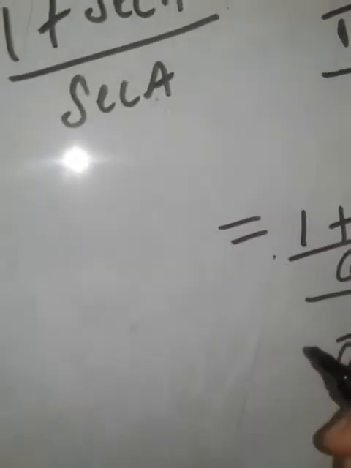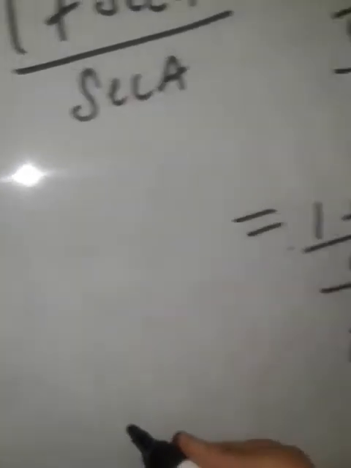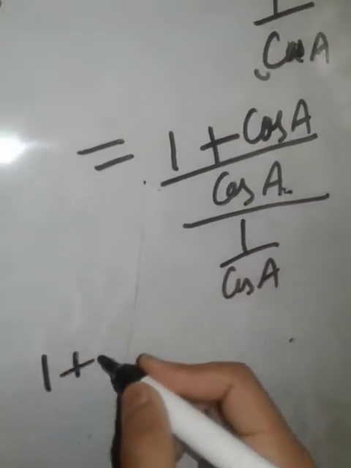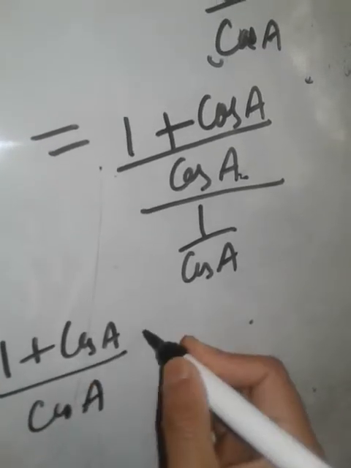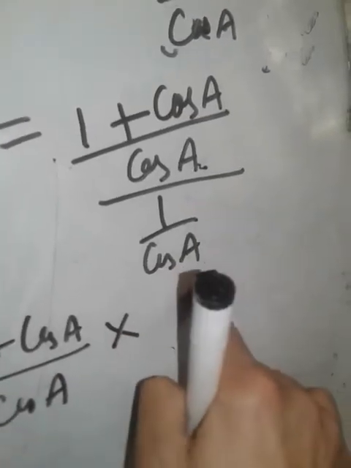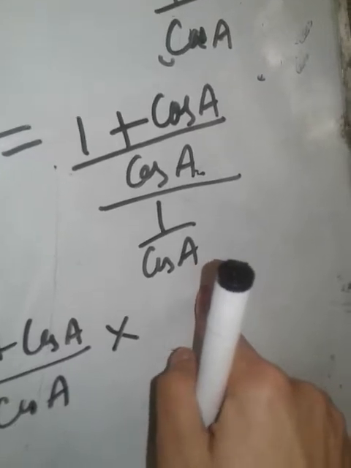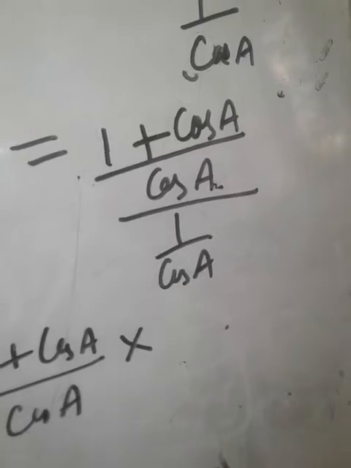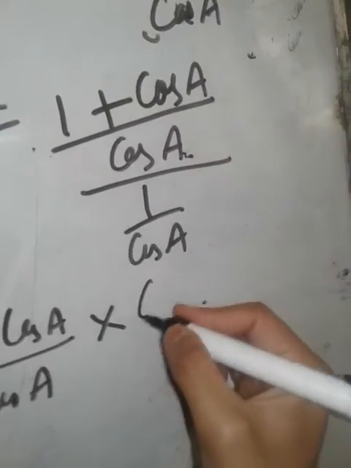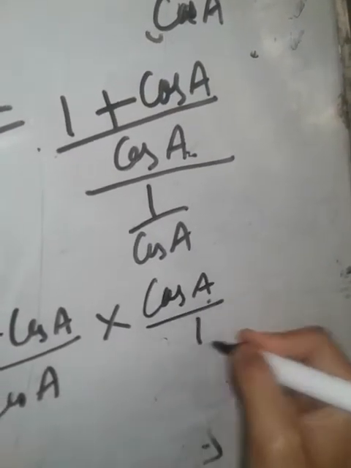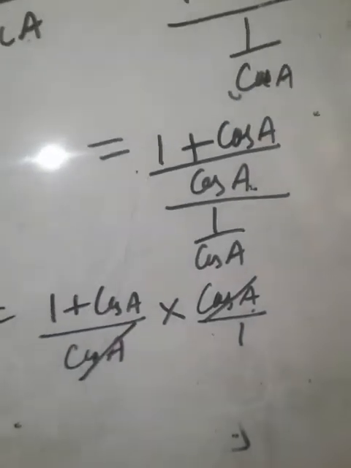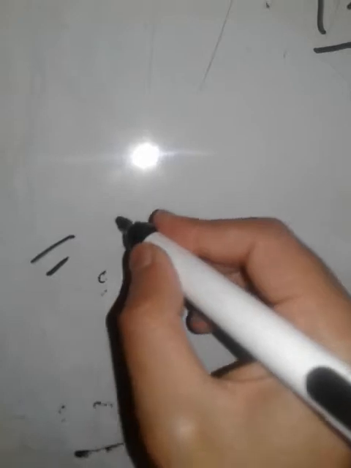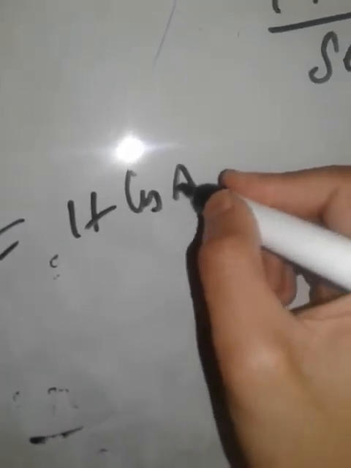Now it is further equal to 1 plus cos a divided by cos a into 1 by cos a. I already told you that divide means multiply by multiplicative inverse. 1 by cos a, what would be its multiplicative inverse? It will be cos a divided by 1. This cos a will cancel out. Now we are left with 1 plus cos of a.